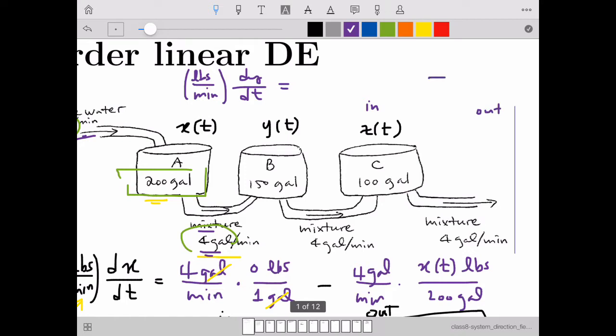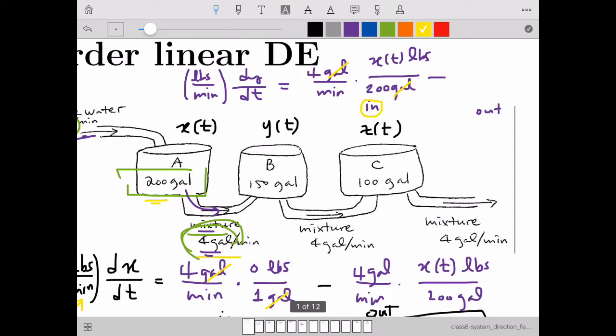The rate in is 4 gallons per minute of mixture coming into B, and it comes from tank A. So there are 200 gallons, and in that 200 gallons, x(t) pounds of salt. So we have pounds per minute. Yep, that's in.